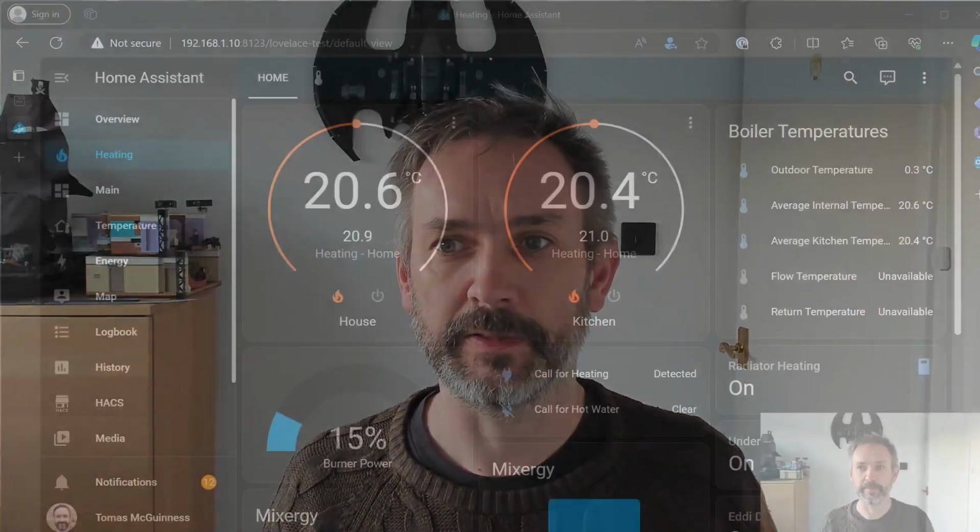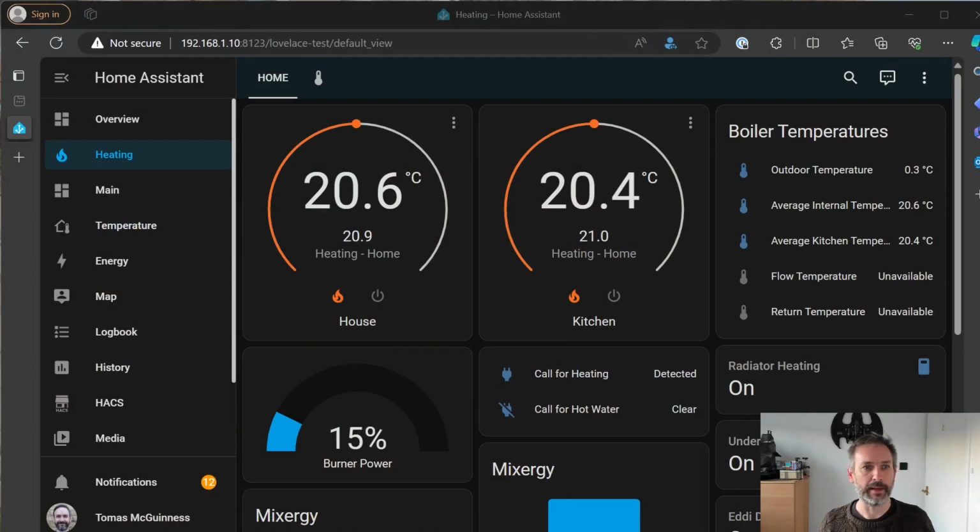So aside from that, it all seemed to go okay. It wasn't uncomfortable or anything last night. So let's have a look now at the performance. We'll jump into Home Assistant, and you can see the heating is still on, both the underfloor and the radiators. It's a little above 0 outside. I've confirmed that.